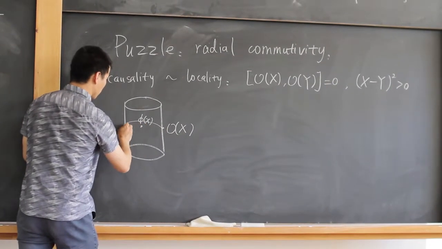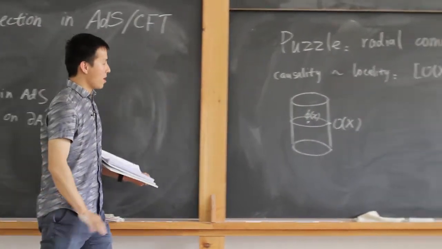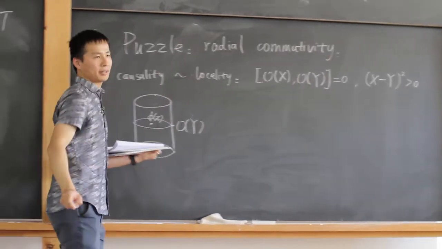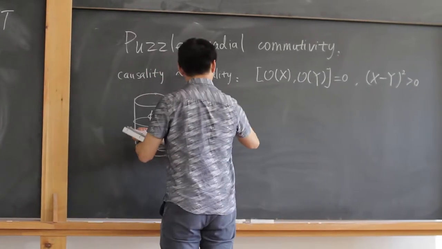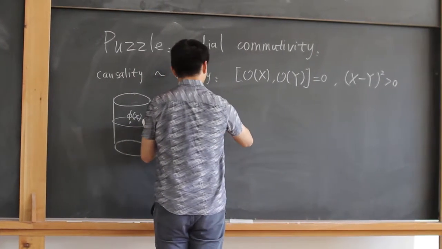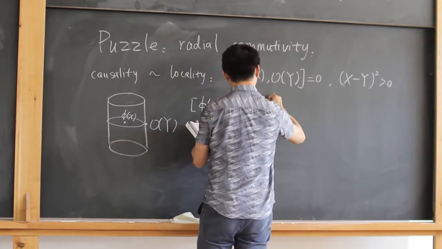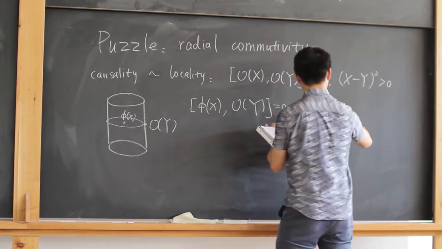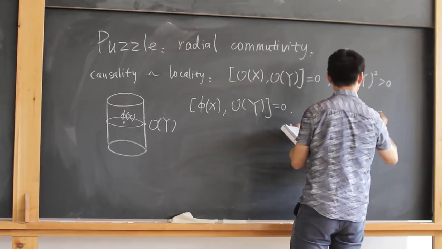So I'm going to draw a time slice, and they are on the same time slice. Let me call this O of y. So the statement is we might expect these operators commute when they are on the same time slice.